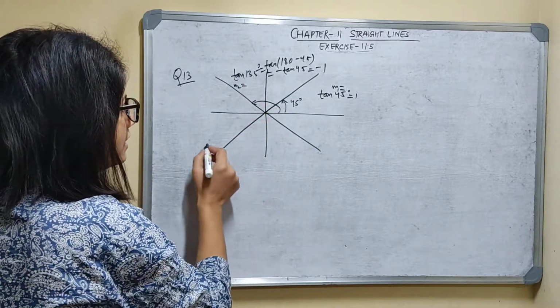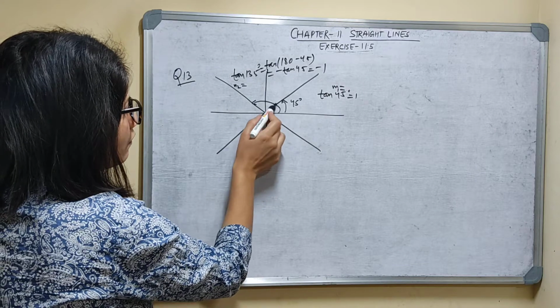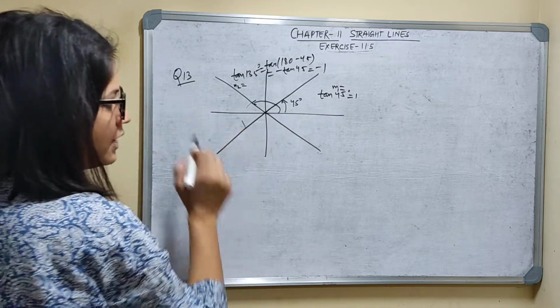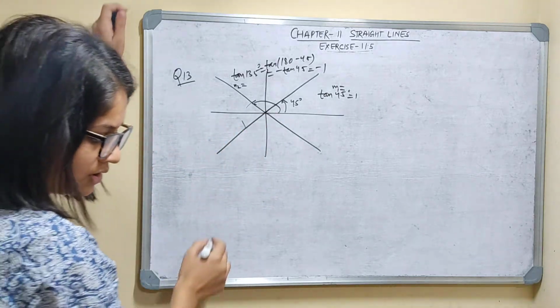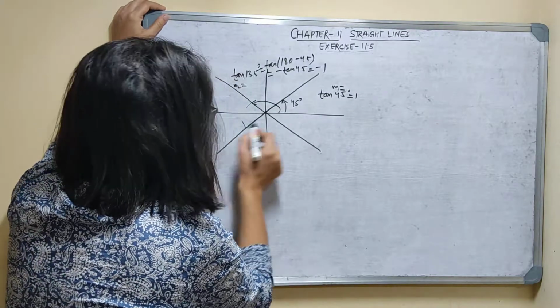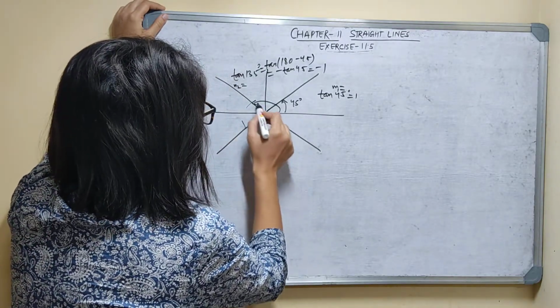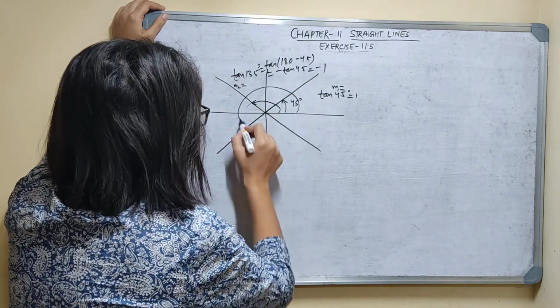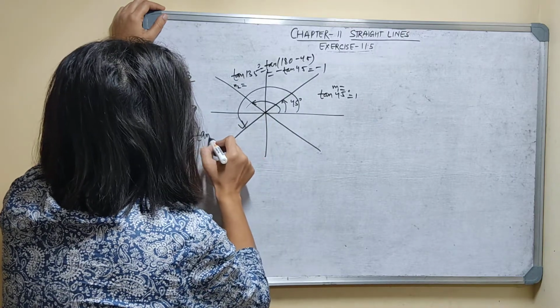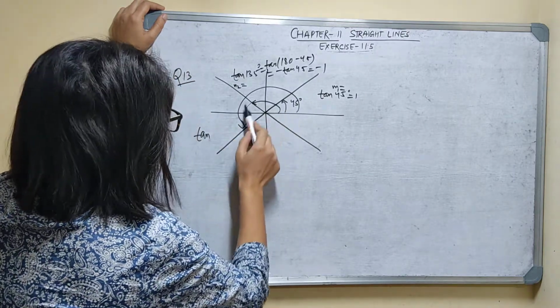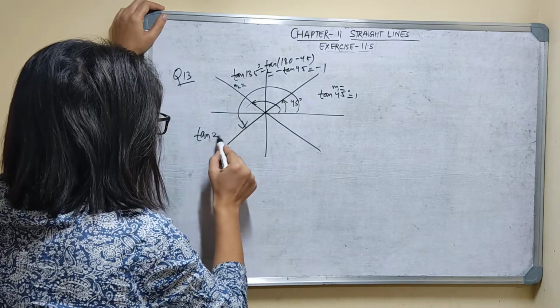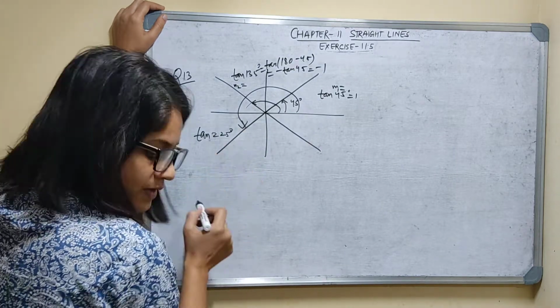Here, theta is 45 and this is 180, so how much? 225, when it is like this. This total is 180 and this is 45, so theta is 225. Is it clear?